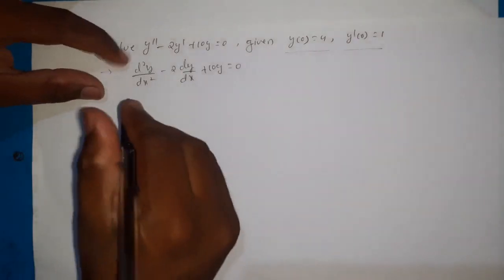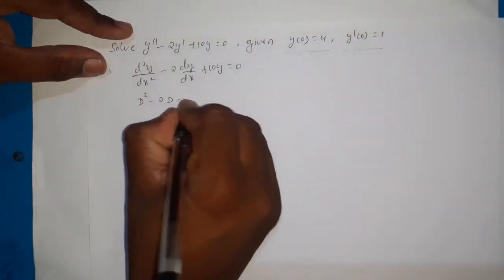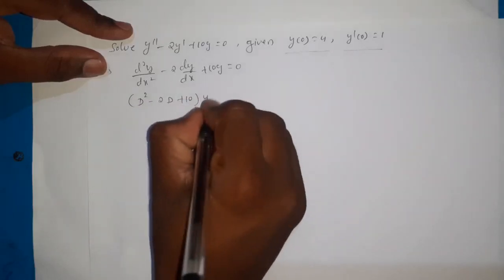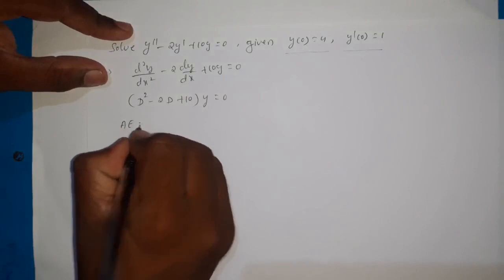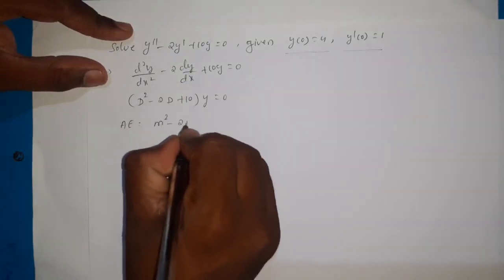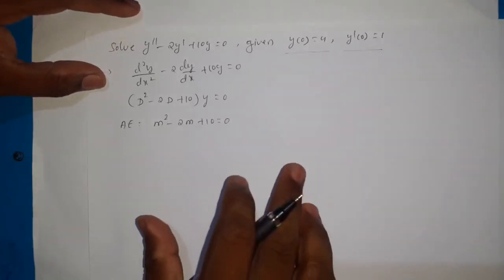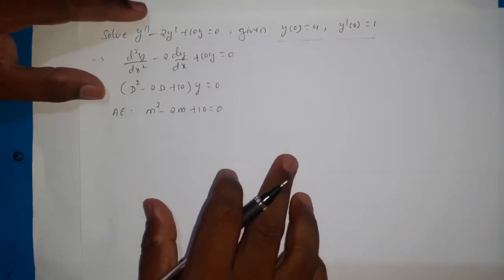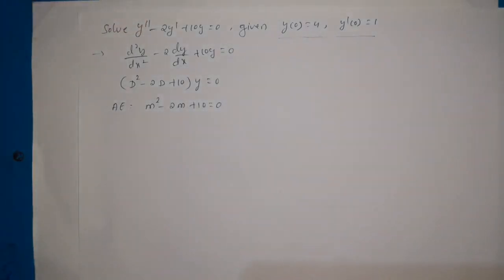So the symbolic form of this equation is D square minus 2D plus 10 into y is equal to 0, and the auxiliary equation is m square minus 2m plus 10 equal to 0. So it is the auxiliary equation. Then we need to find the roots of this equation.